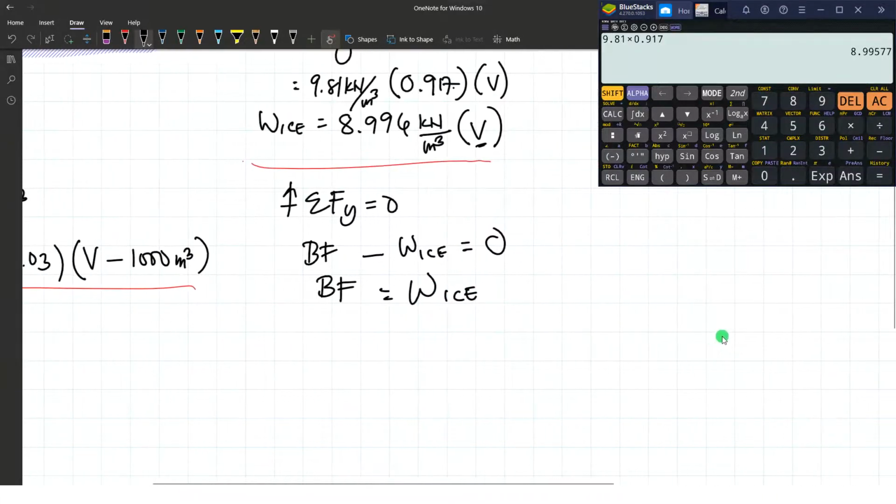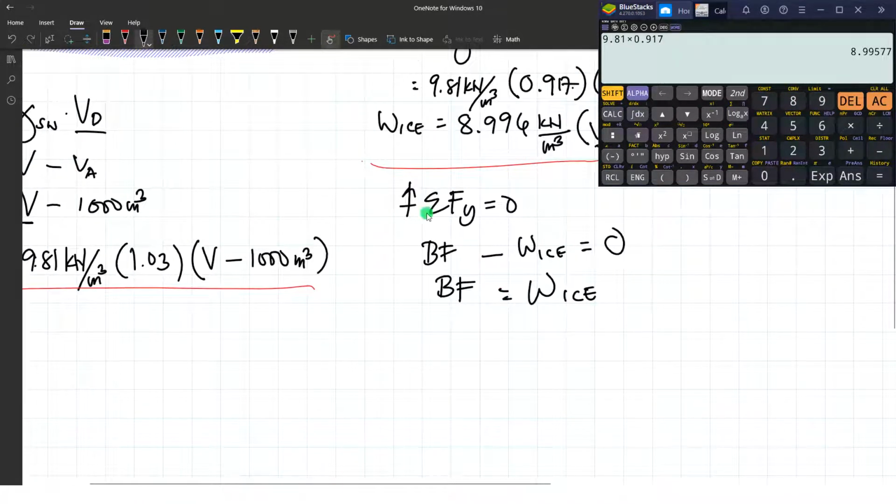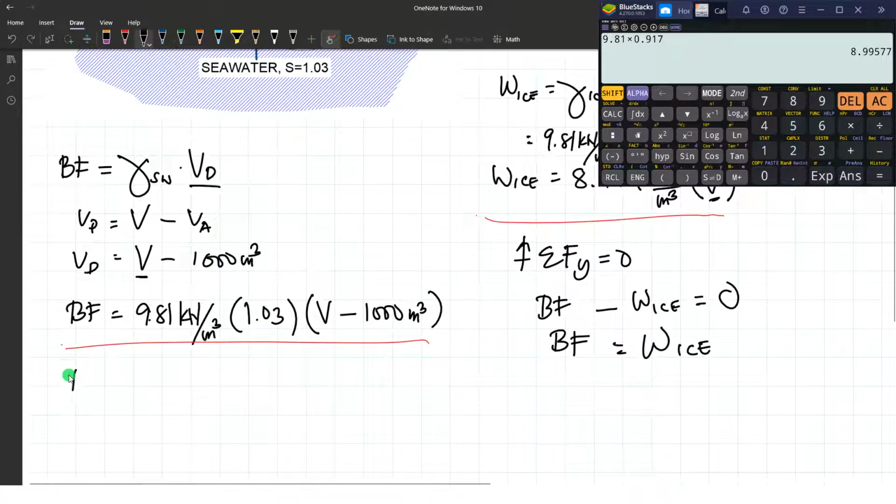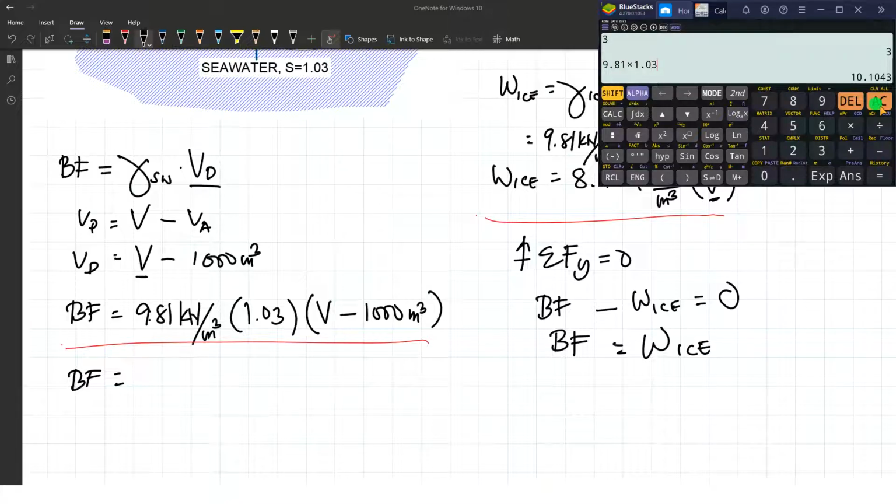Okay, so substituting now the computed values earlier. For the buoyant force, let's simplify this first. 9.81 by 1.03. That's 10.1043 kilonewtons per cubic meter multiplied by V minus 1000 cubic meters.